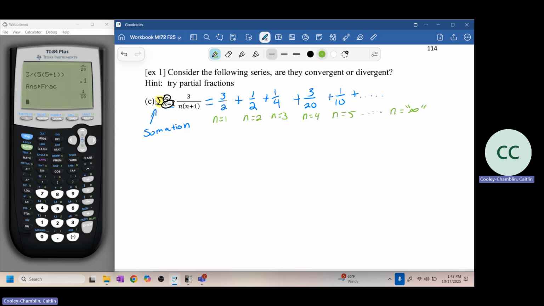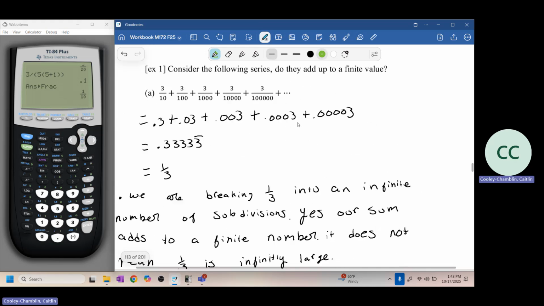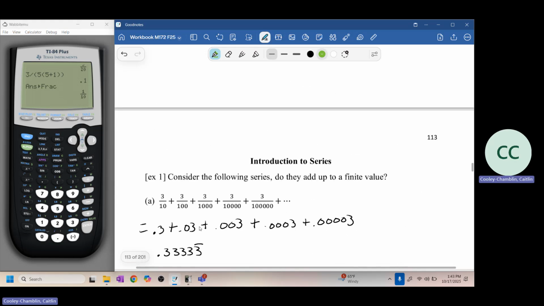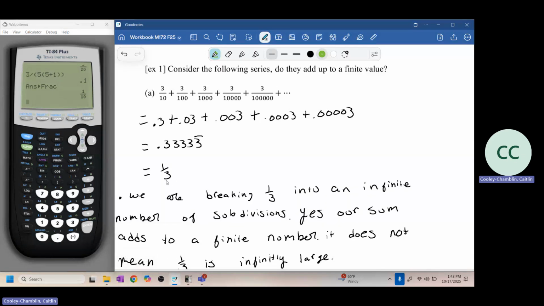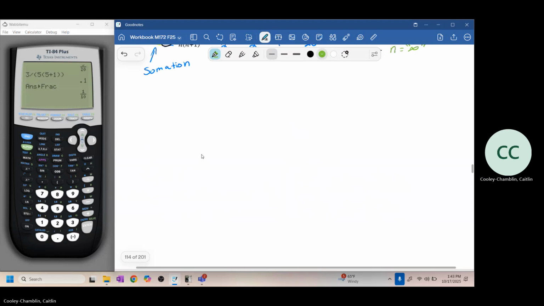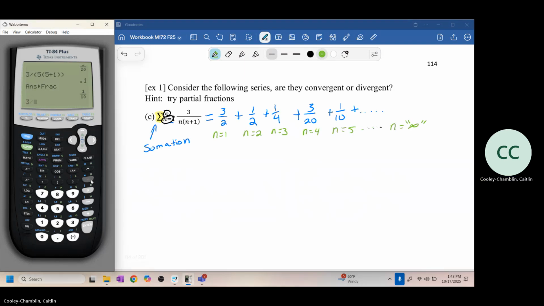Well, this isn't very helpful. So in the before ones, we had 0.3 times 0.03. We could kind of see where it was going and get a sense of the number. Here, if we add 1/3 plus a half, we get 2 plus 1/4 plus 3/20.